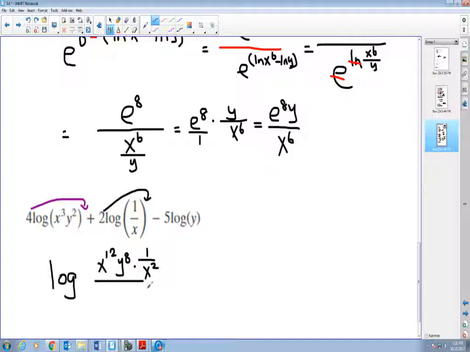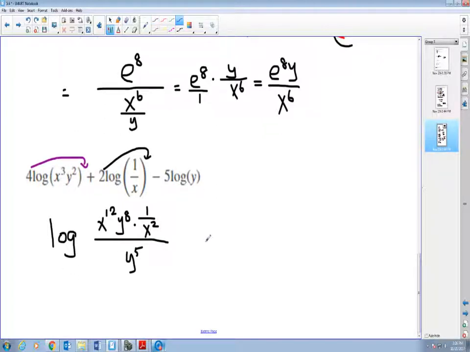Subtraction here means dividing, y to the 5th. So now this is not bad. x to the 12 canceled out with x squared, so that gives me log of x to the 10 power. y to the 8 over y to the 5th canceled out, that should be y to the 3rd left. So that's my final answer.